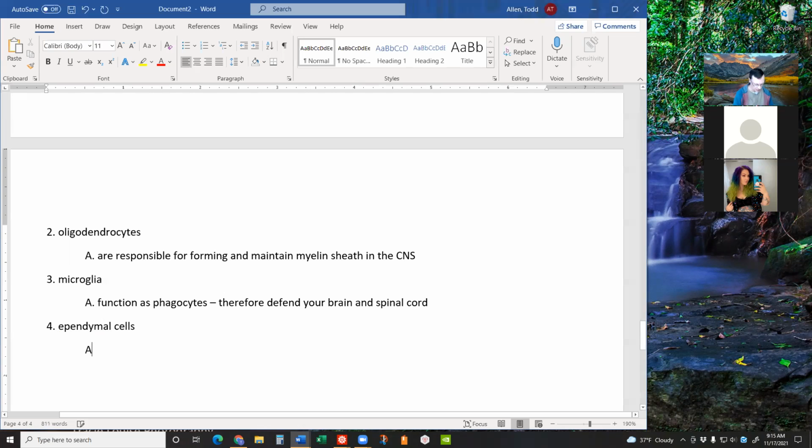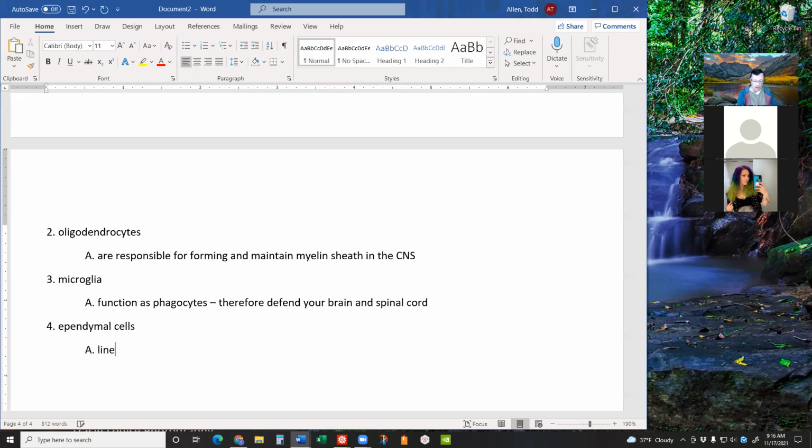I don't know if you remember from last lab, but one of the structures we shared with you from last lab was the lateral ventricle. And we said the ventricles are the areas where the cerebrospinal fluid is circulating, right? Well, the ventricles, their inner lining of cells is made of these cells, the ependymal cells.